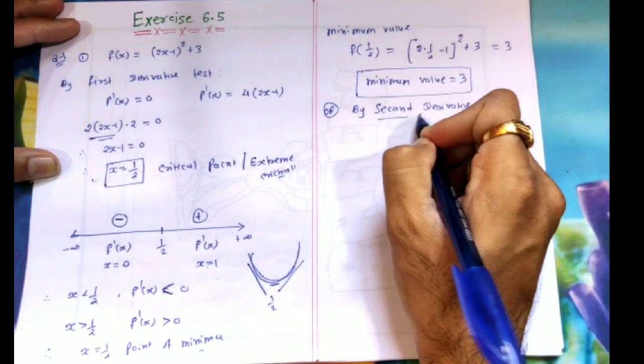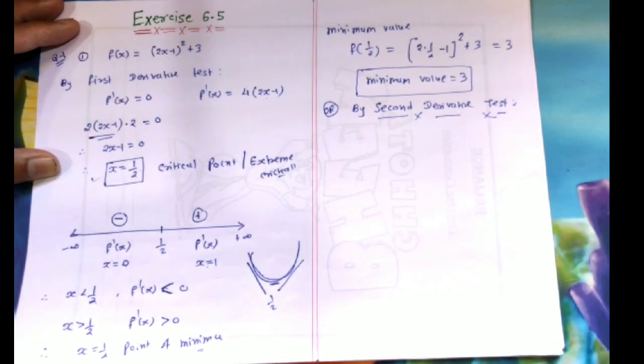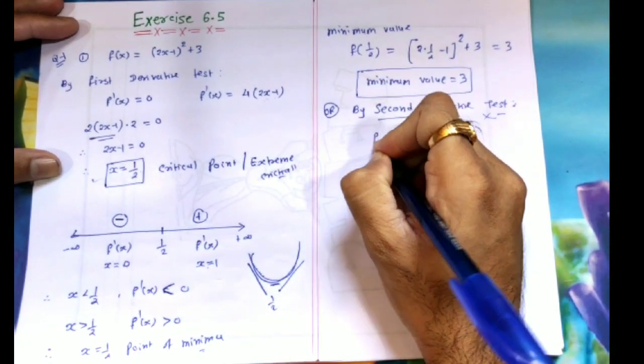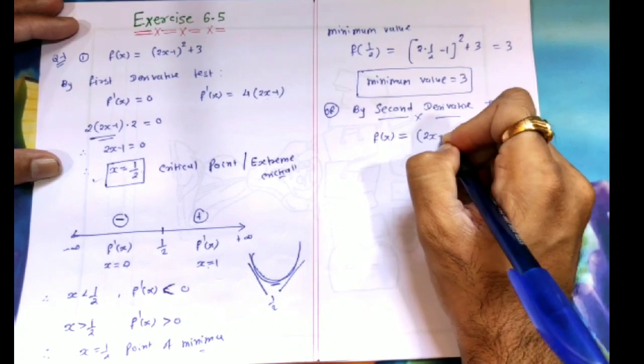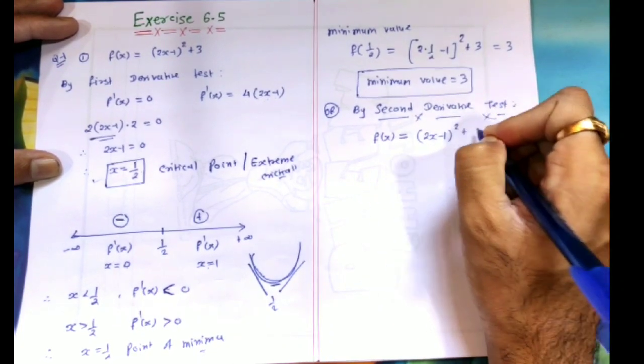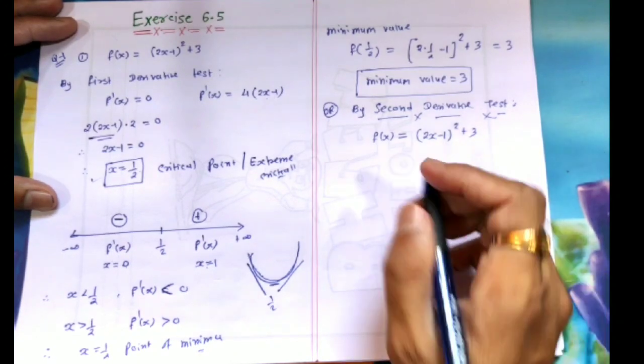So what is the working rule of this second derivative test? For second derivative test, again you have to find the f dash x. So we start with the given function f of x. F of x is 2x minus 1 whole square plus 3. Done. Then you have to find the first order derivative.